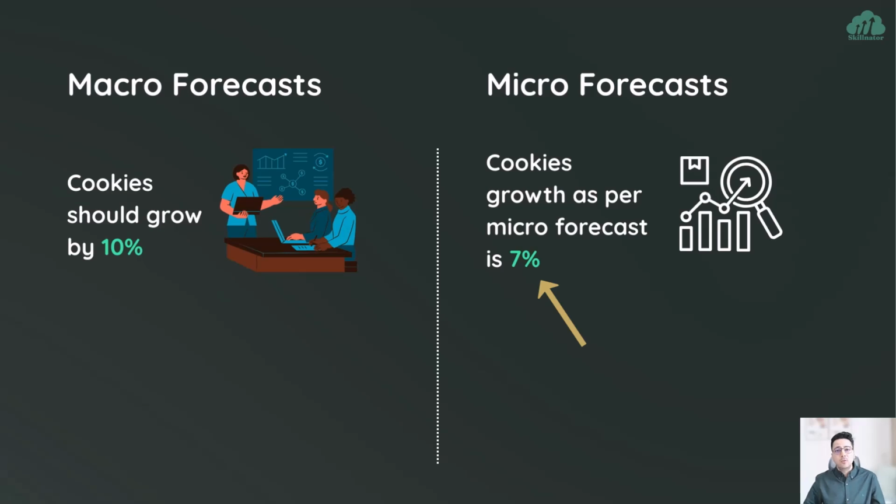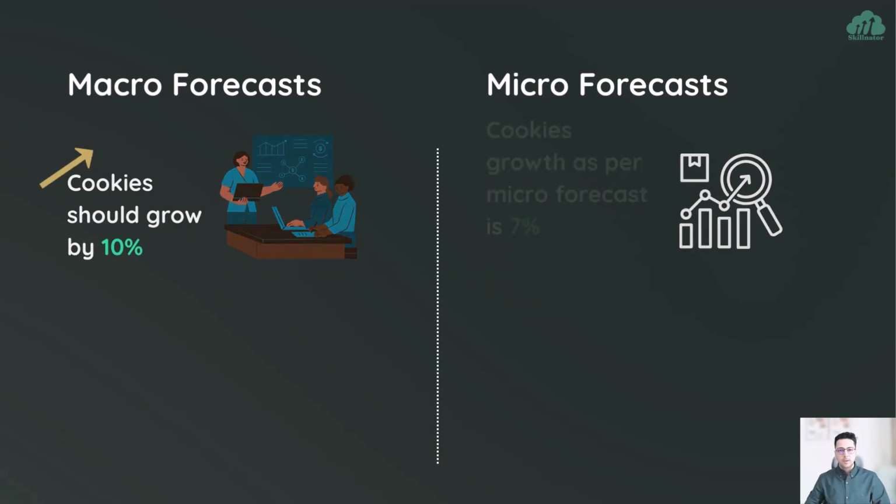The goal is not to force numbers to match between the macro and the micro forecast, but to understand the business reasons behind the gap. This is why demand planning plays such a crucial and central role. Their job is not just mathematical forecasting. Their job is to ensure that micro forecasts are realistic and executable, they make sense when viewed against the macro outlook, and have a clear business logic behind them.